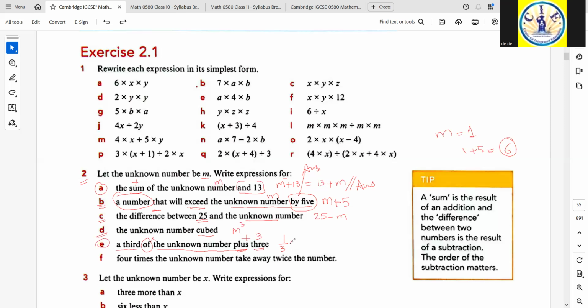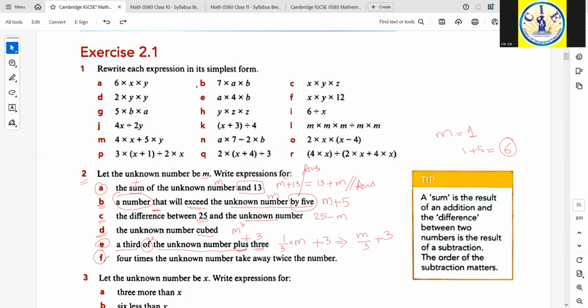So 1 by 3 of the unknown number, that is m, then plus 3. In this you need to add 3, or this can be simplified to give us 1 times m is again m. So m by 3 plus 3. That is the most simplified form of this.